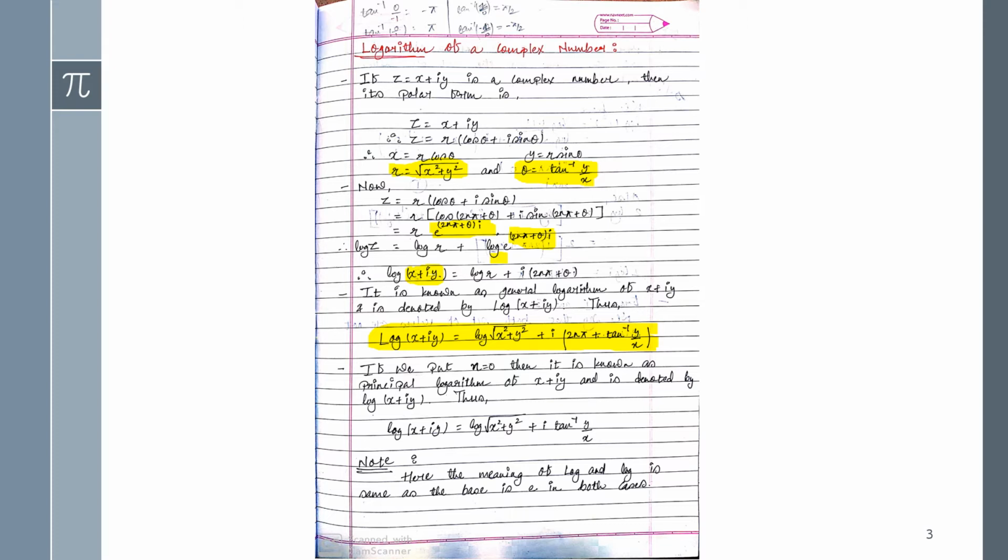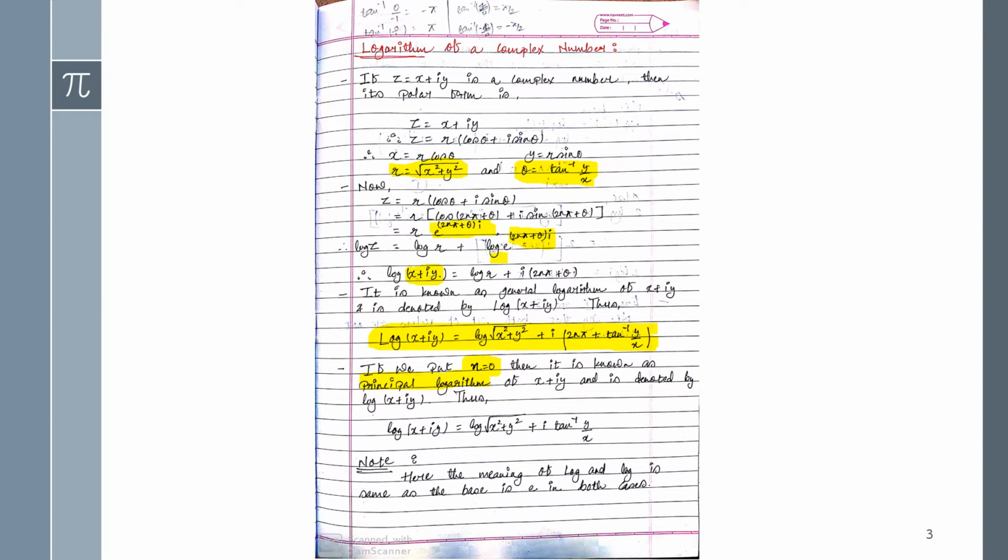Now I'm applying one more case in the general formula: if we put n equals 0, then this equation will be known as the principal logarithm, and this one is very much important because in most examples we are going to use this equation only.